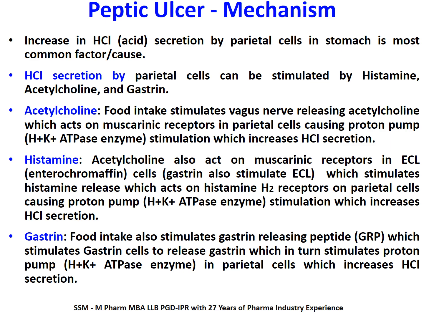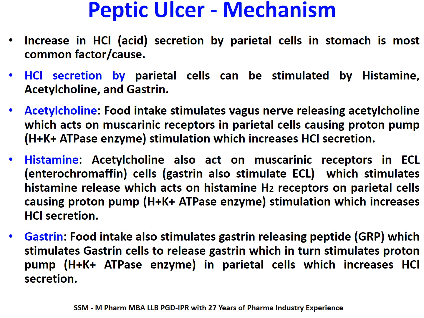Role of gastrin: food intake also stimulates gastrin releasing peptide or GRP, which stimulates gastrin cells to release gastrin. So GRP acts on gastrin cell, which will secrete gastrin. Now gastrin will stimulate proton pump, and proton pump stimulation will lead to increase in acid secretion.